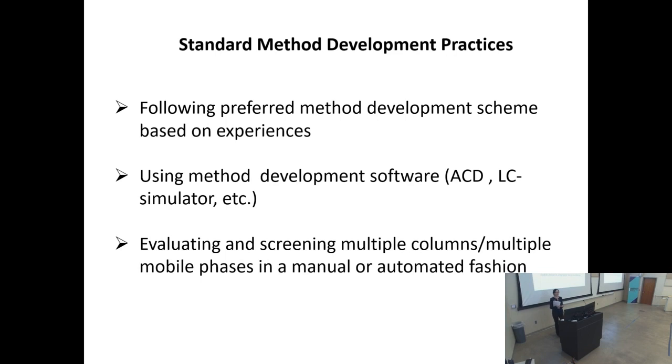And also you can use method development software like ACD and LC simulator to run a few predicted injections and get the prediction for the best result. And also you can evaluate and screen multiple columns and multiple mobile phases in a manual or automated fashion. Our group is focused on the last one. We screen the column and mobile phase in an automatic way.